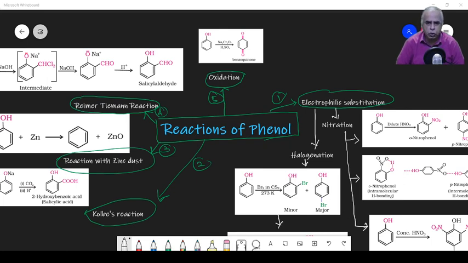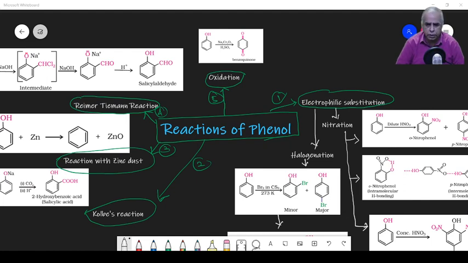The presence of some functional group in the benzene ring will dictate the new incoming electrophile either to the ortho position or para position. Such an effect is called the orientation effect, and this is the ortho-para orientation. Some functional groups direct the new reagent to get substituted in the meta position, and such an effect is called meta orientation effect.